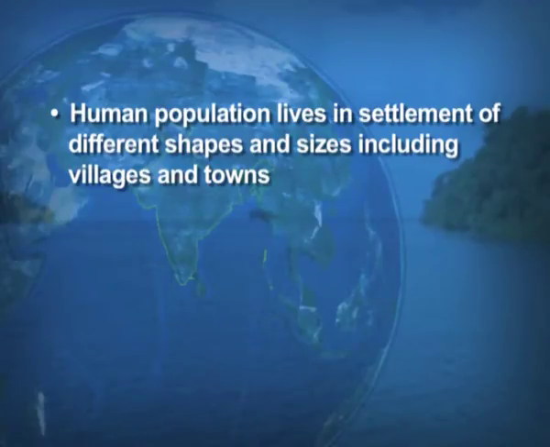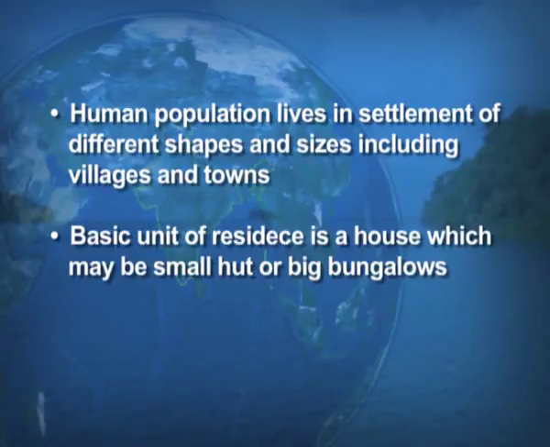Human population lives in settlements of different shapes and sizes, including villages and towns. The basic unit of residence is a house, which may be a small hut or a big bungalow. Small and sparsely spaced settlements are called villages, where the people are mainly engaged in agricultural and other primary activity.